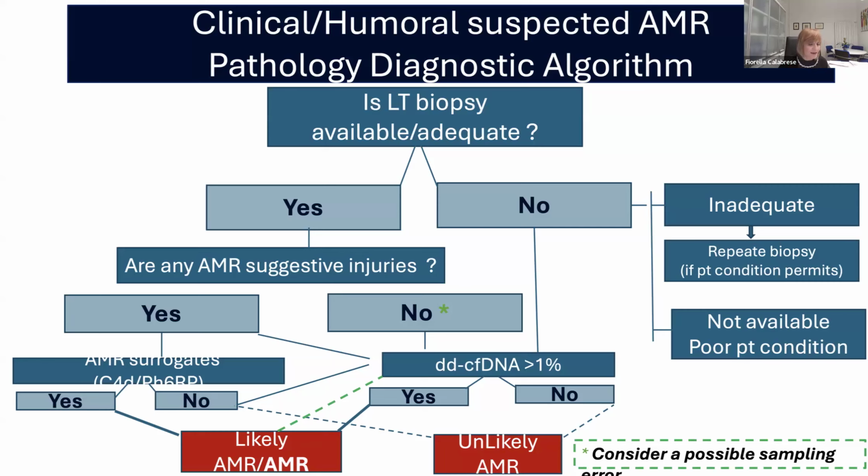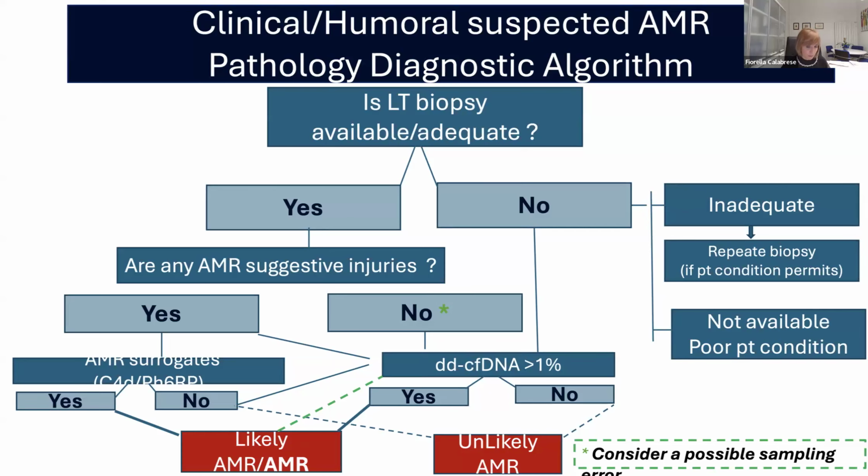But if I don't see AMR suggestive lesions, and I have a donor-derived cell-free DNA higher than 1%, this could be still unlikely AMR.